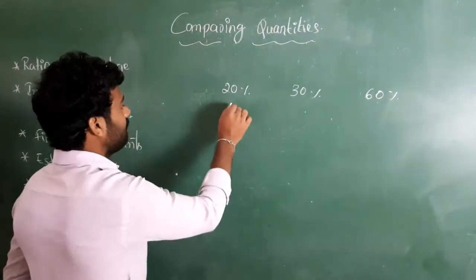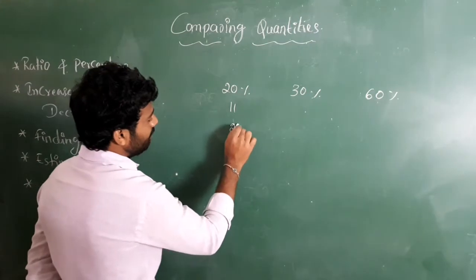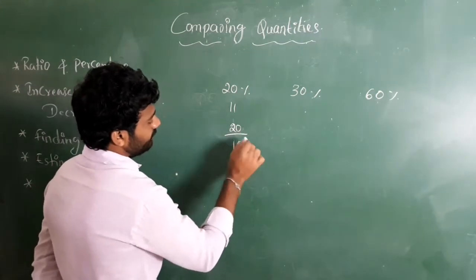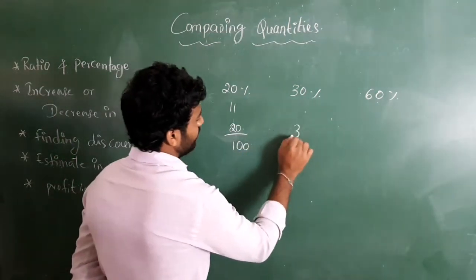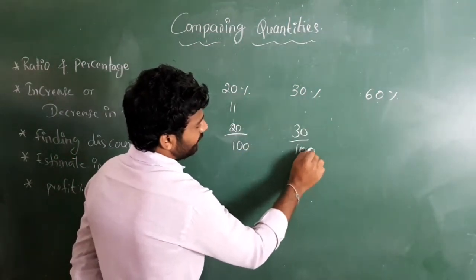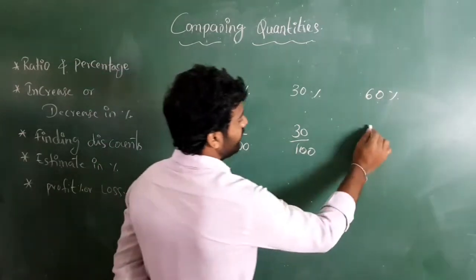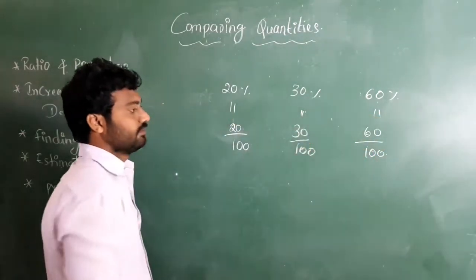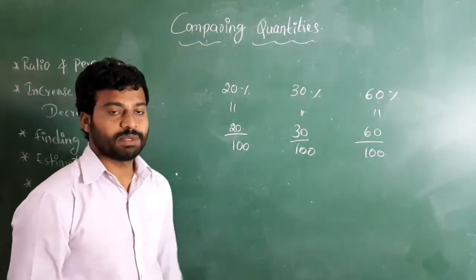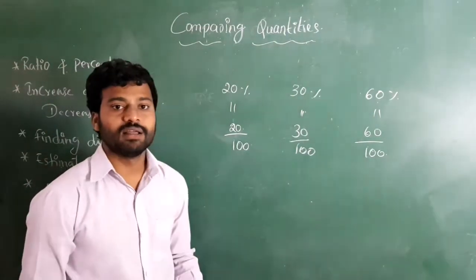So the number will be number by 100, with the denominator 100. Here 30 by 100, here 60 by 100. Always percentage we write with the denominator 100.